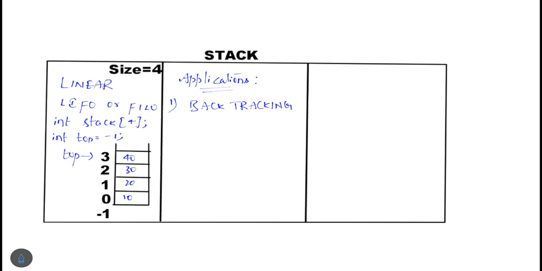From the first state to the second state to the third state to the fourth state, like that you have been continuously shifting. And currently, if you are in the nth state, and you want to get into the previous state, which is the n minus 1 state, and from that n minus 1 state to its previous state, which is the n minus 2 state, then what is required here? The backtracking, right?